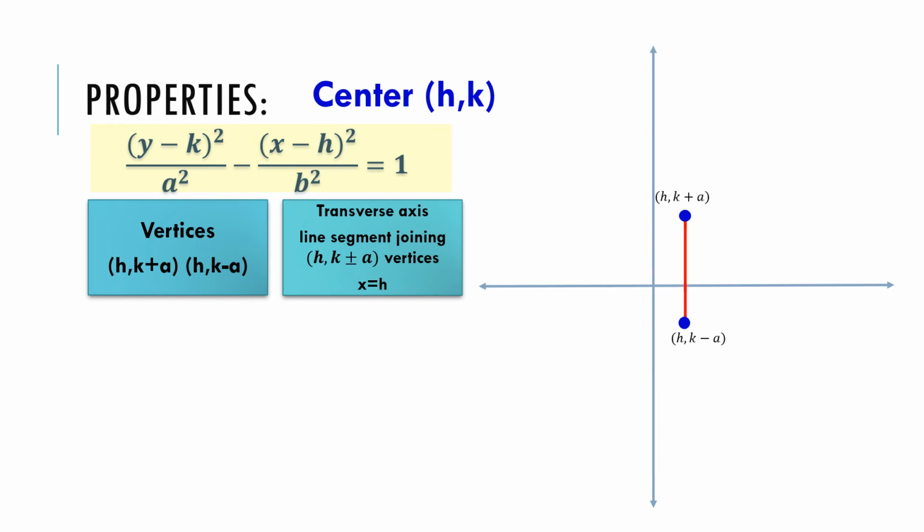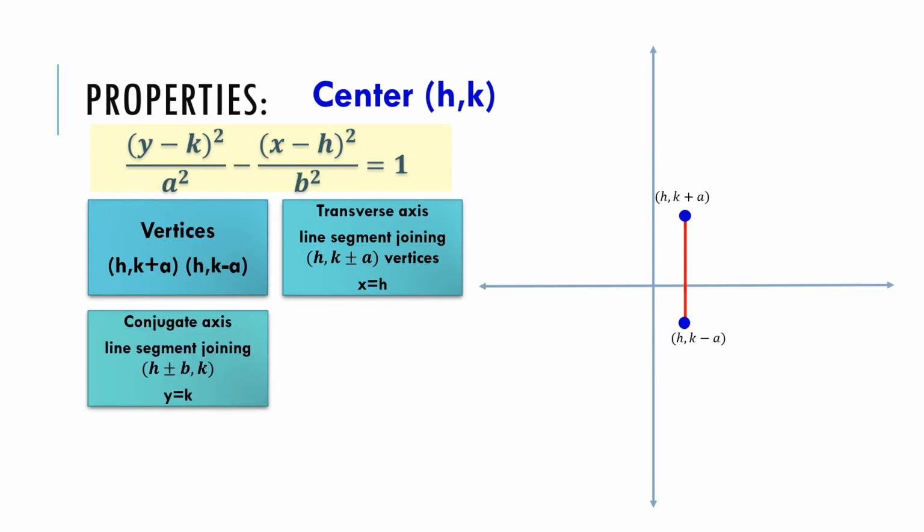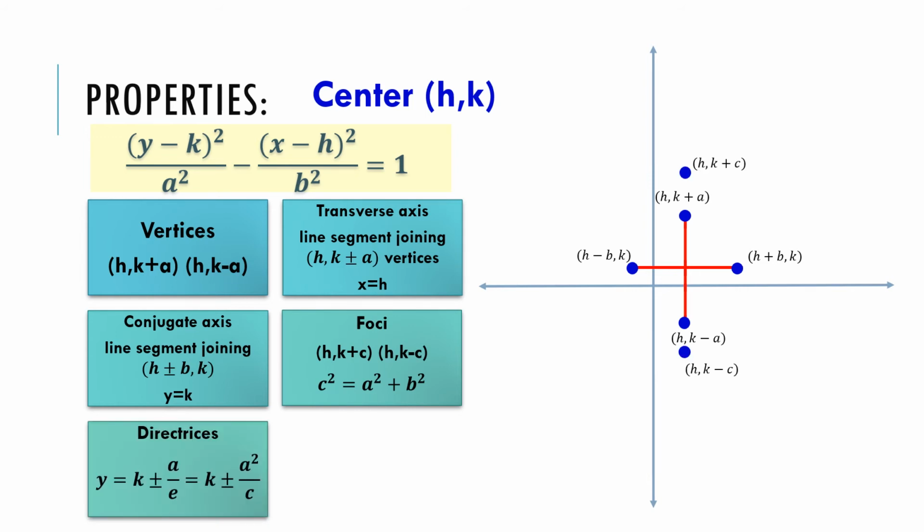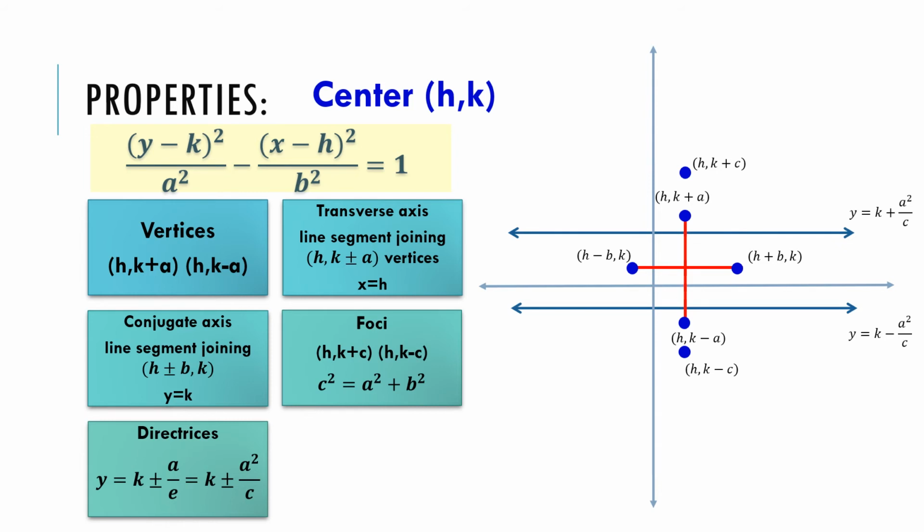Transverse axis now is the x equals h. Conjugate axis. So, b units from the center. Foci, C units from the center. Up, down naman yun. Directrices, this is y equals k plus minus a squared over c. And then the asymptote.